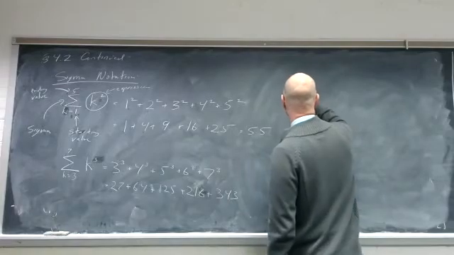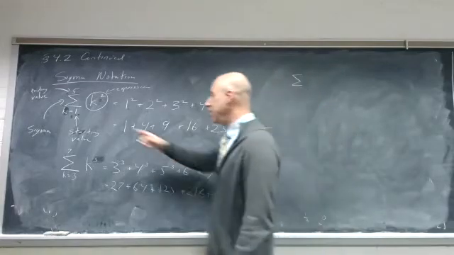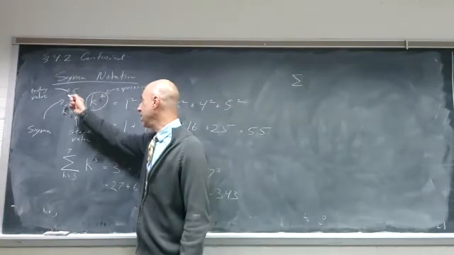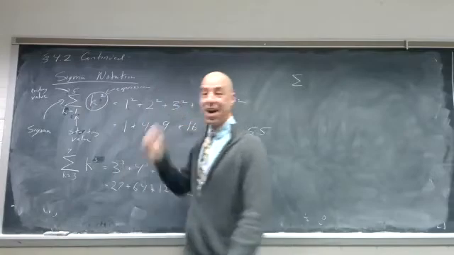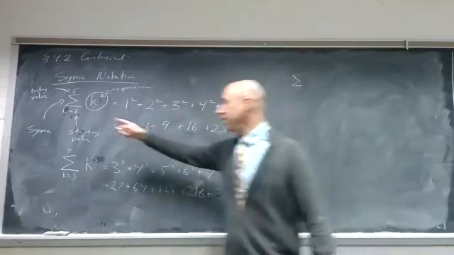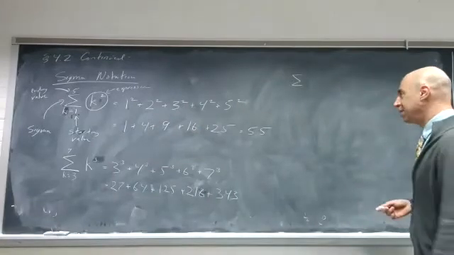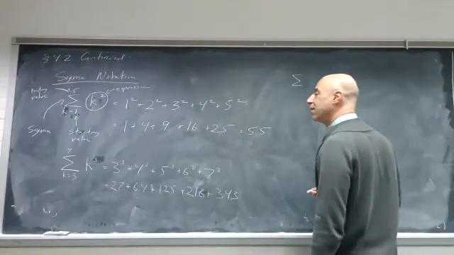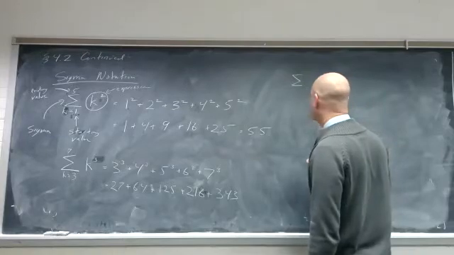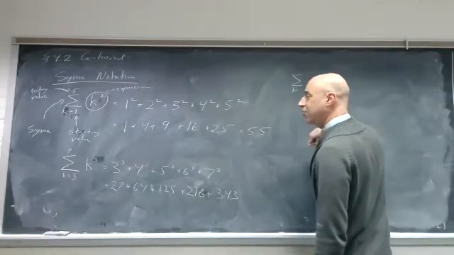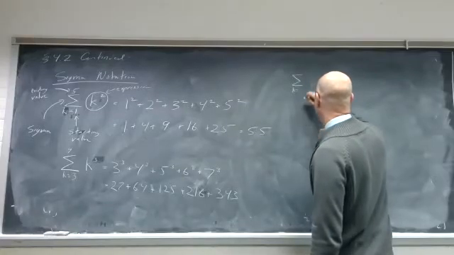Sum as, and again, the letter that I use doesn't matter. If I'd written I equals 1 and then a 5 and then I squared, I would have exactly the same expression. As long as whatever letter is here is the same as the letter that's there, we have the same expression. So let's see, how about the sum as, I'm going to still use K. Might as well get into a habit, but we could use anything.